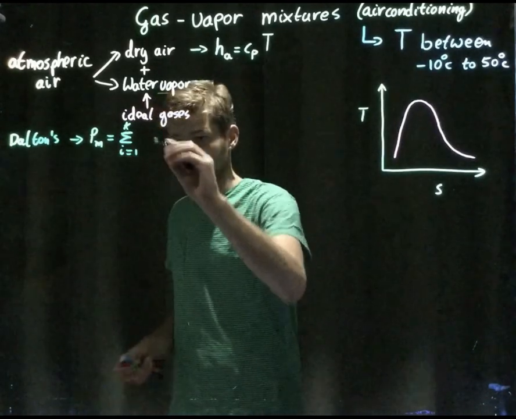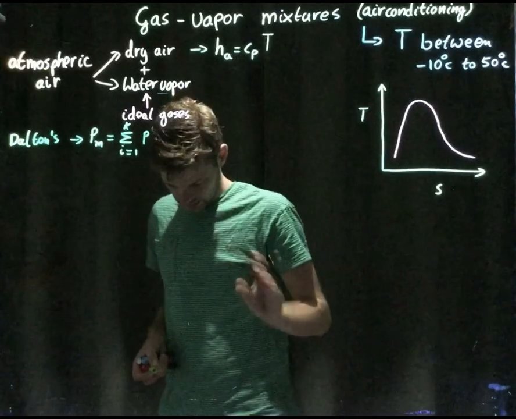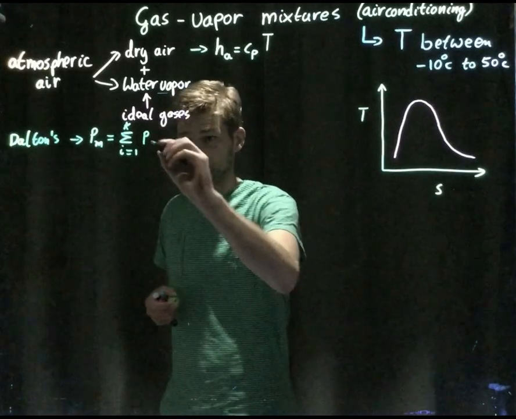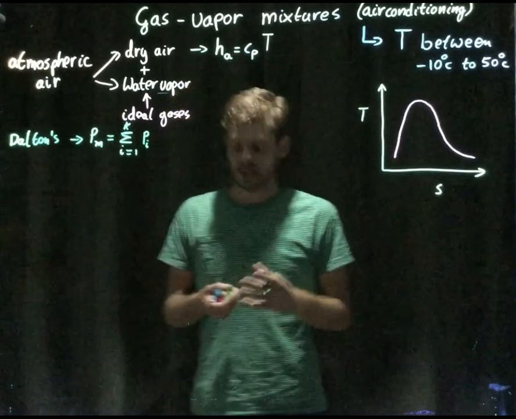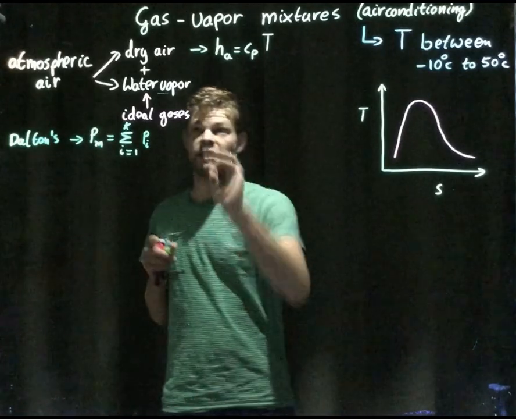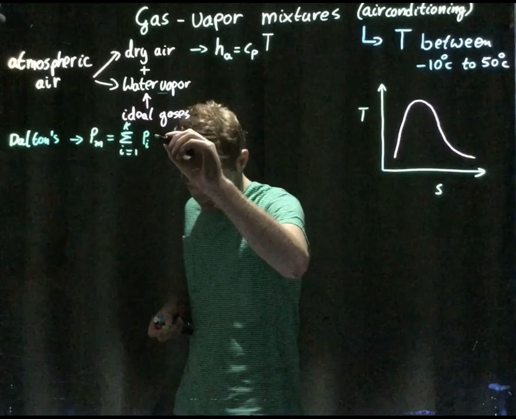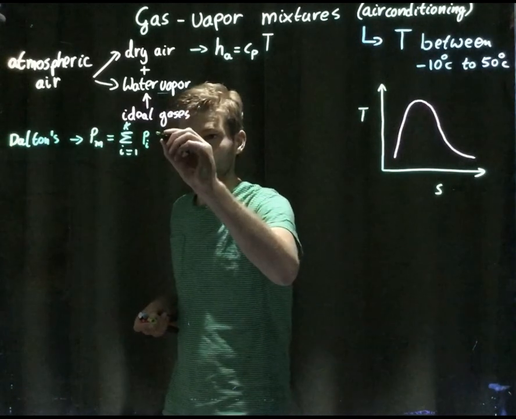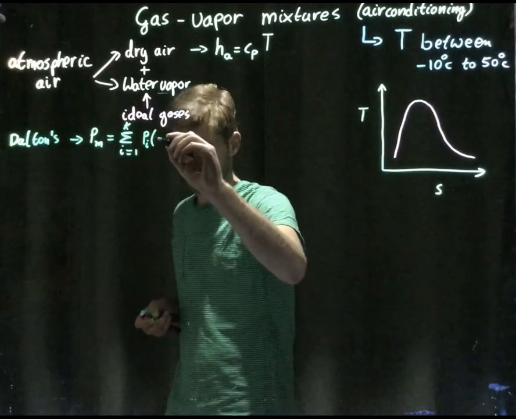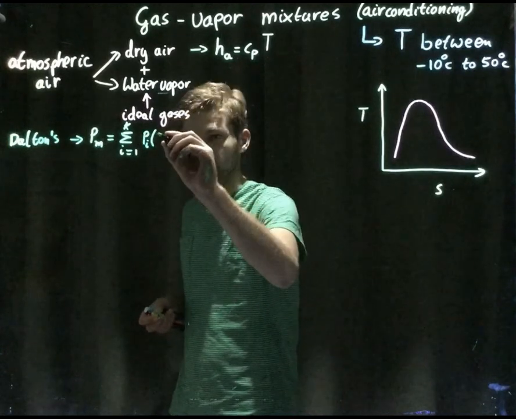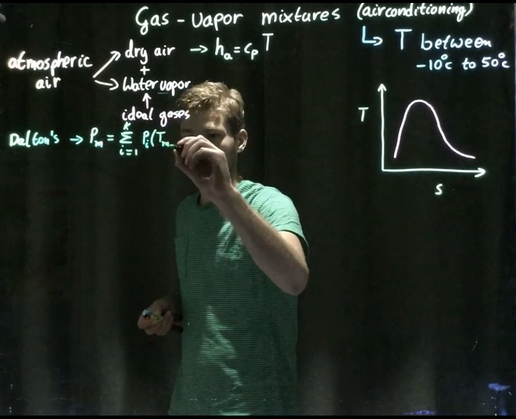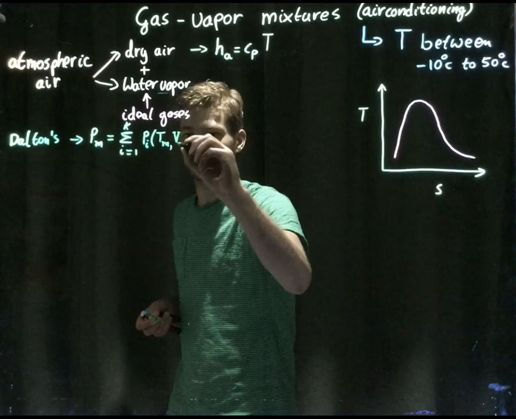In this video we assume that there's only dry air and water vapor inside the air. So we are only considering dry air and water vapor, and it has a certain pressure and a certain volume.